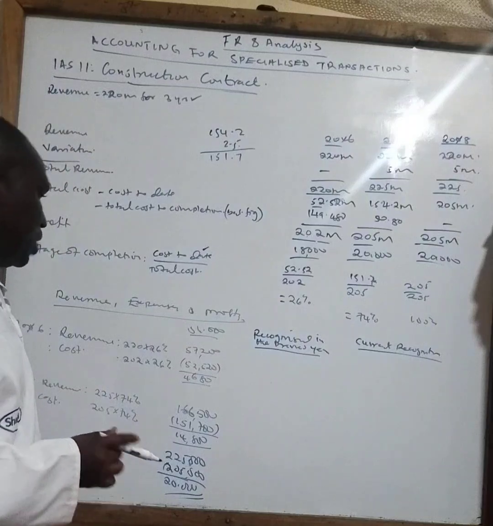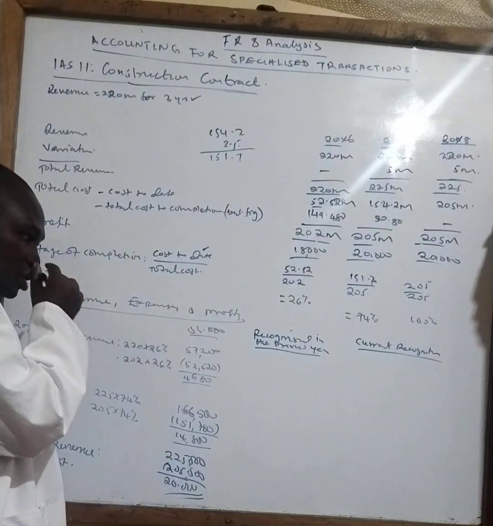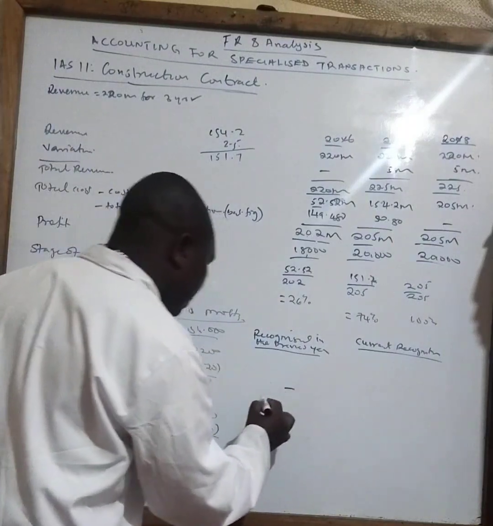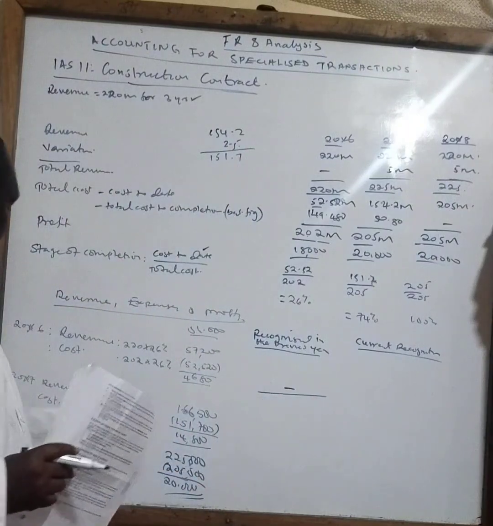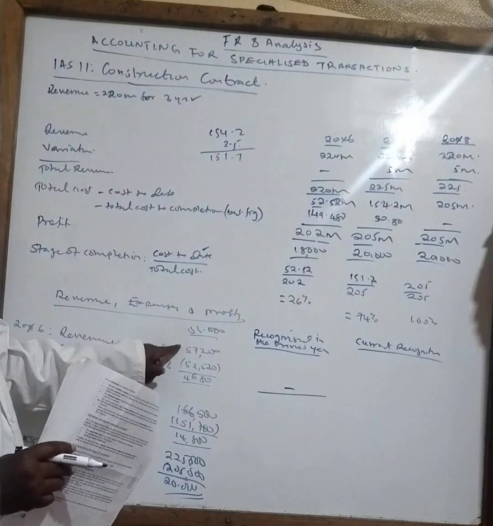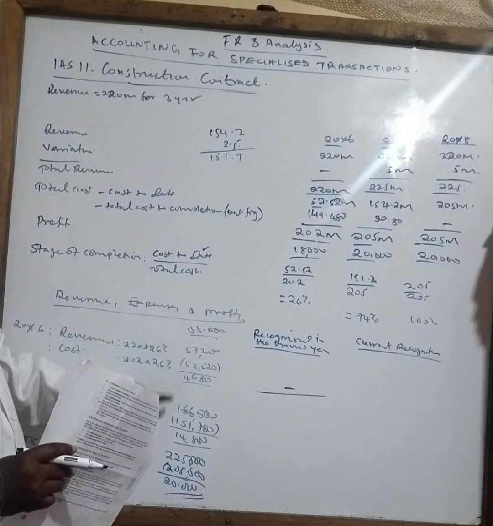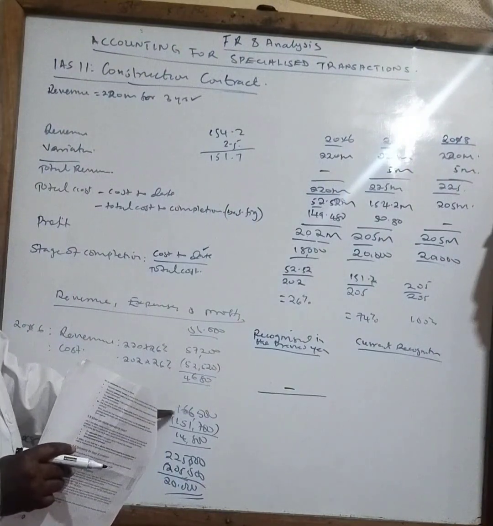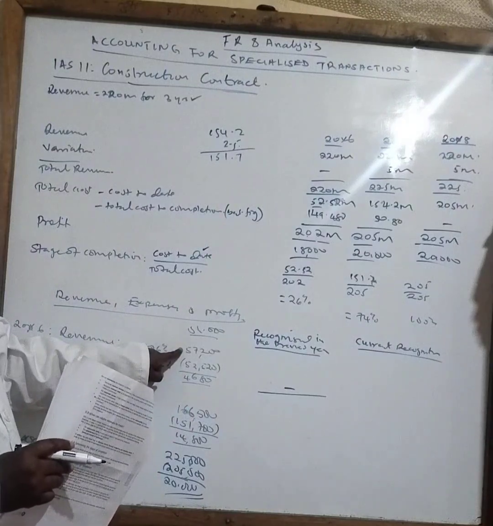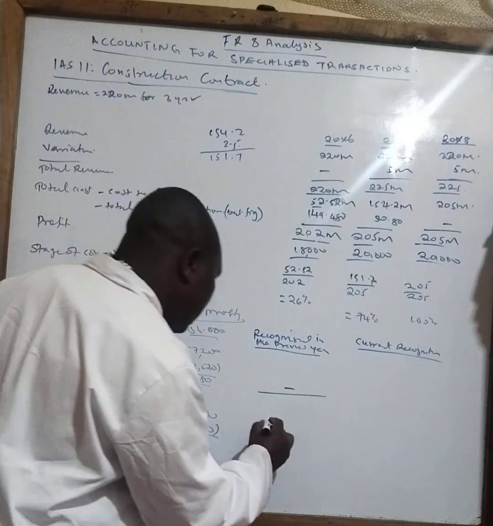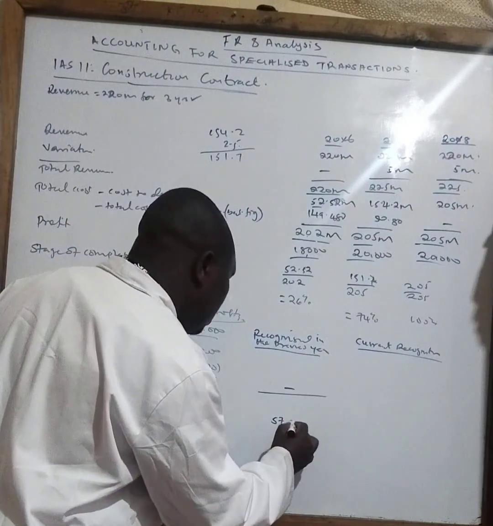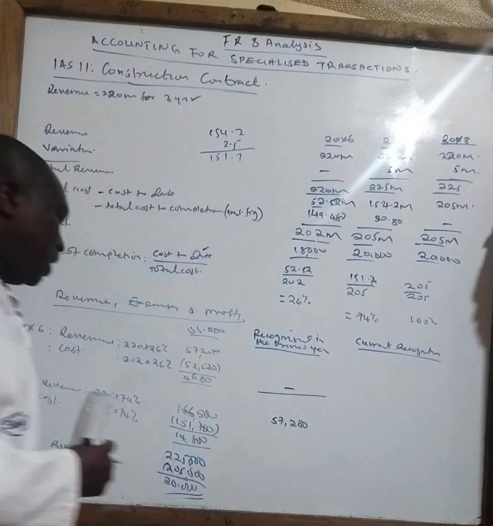Now, in this case, previous recognition, which means we don't have any here. Correct? But when you go to 2007, we have previous recognition of how much? Out of 156,500, the previous recognition is 57,200. Correct?